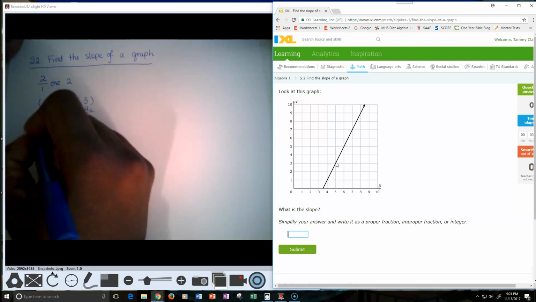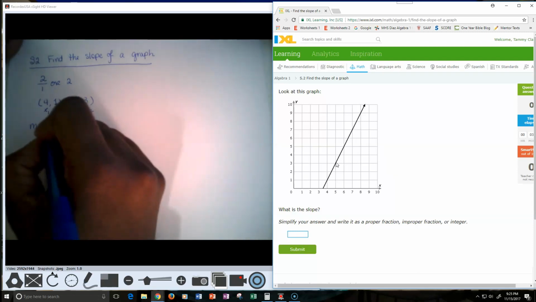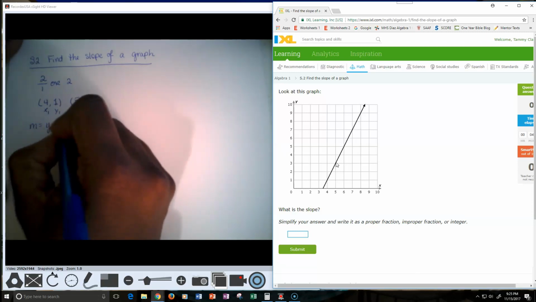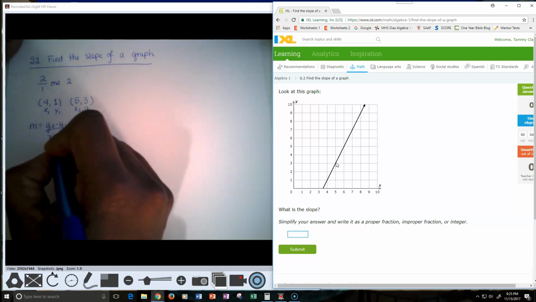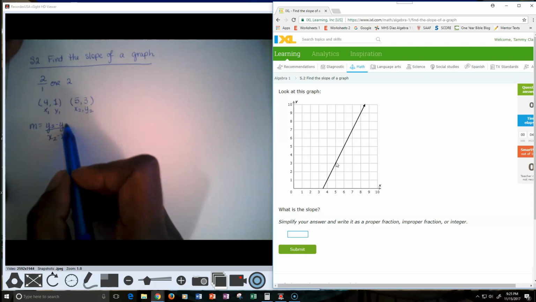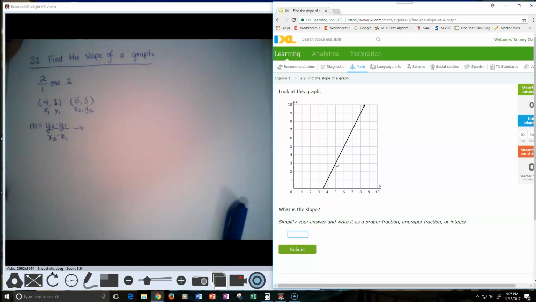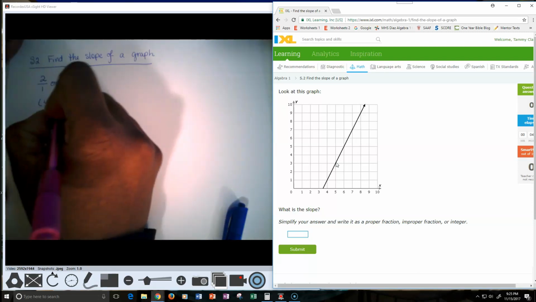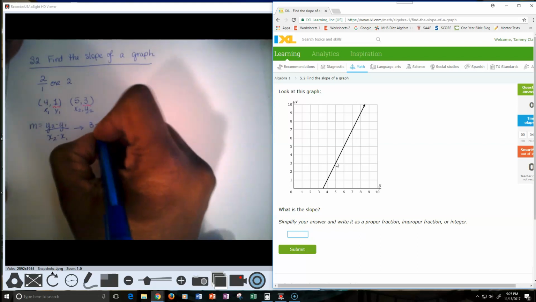Then I'm going to use the slope formula, which is slope is equal to the change in Y, or the difference in Y, divided by the difference in X's. Please make sure you put the Y's on the top and the X's on the bottom. So I'm subtracting the 2 Y coordinates, 3 and 1.